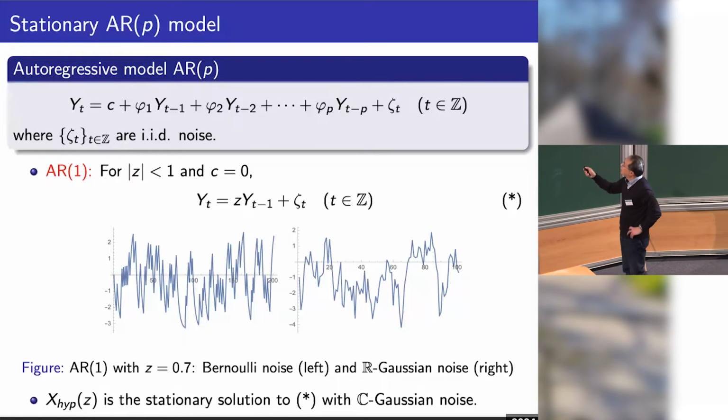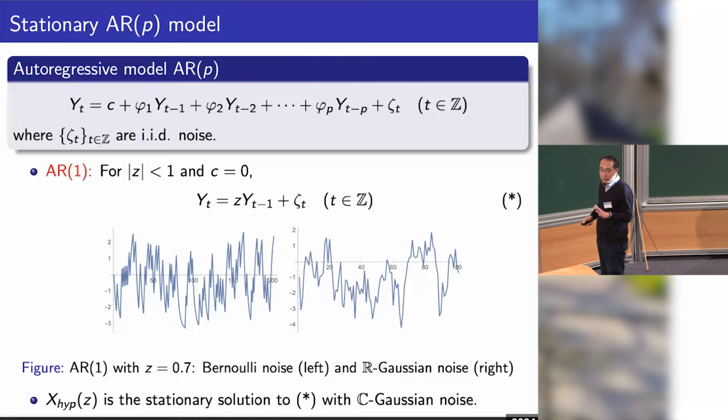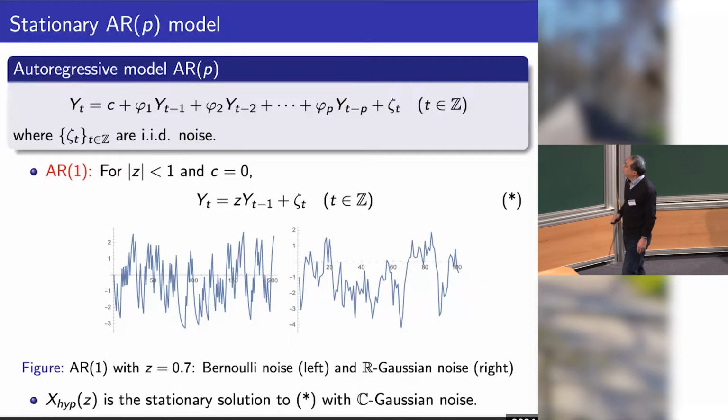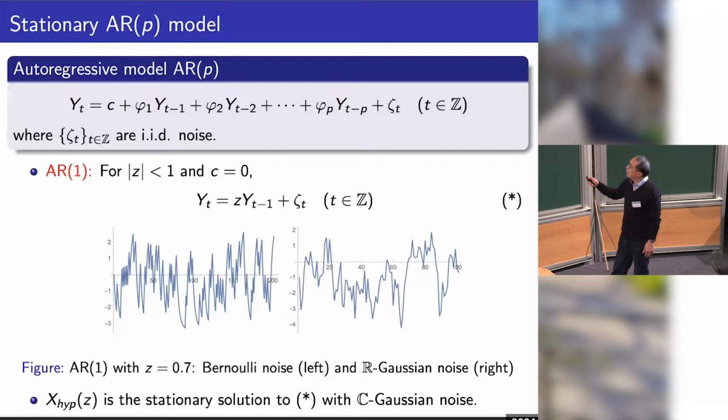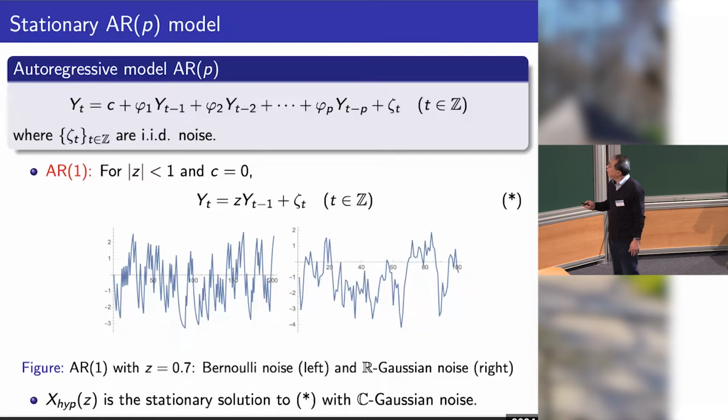Usually statisticians use this to model real data, and from real data they infer these coefficients. But anyway, this is just a stochastic discrete difference equation, and especially if you take p equal to 1, it is called AR(1), a very simple equation, and you can solve this equation in this way.